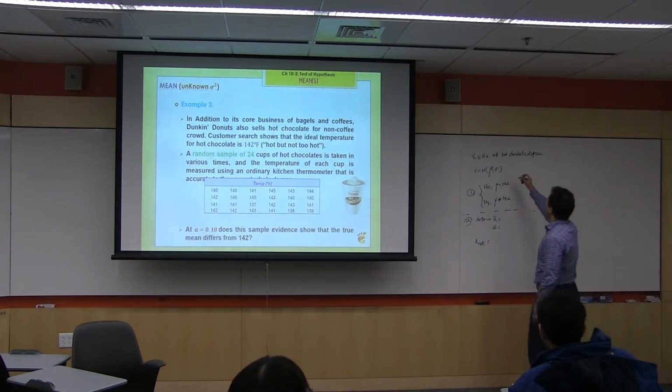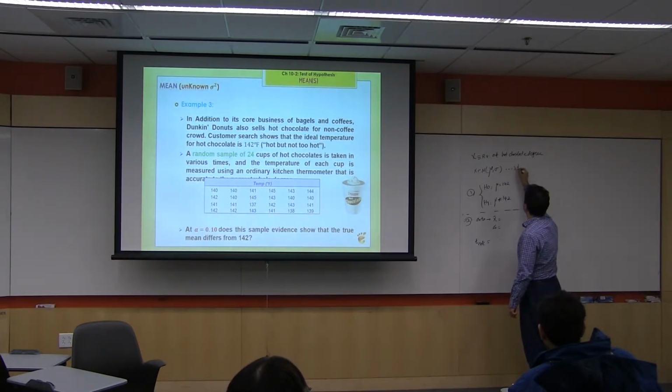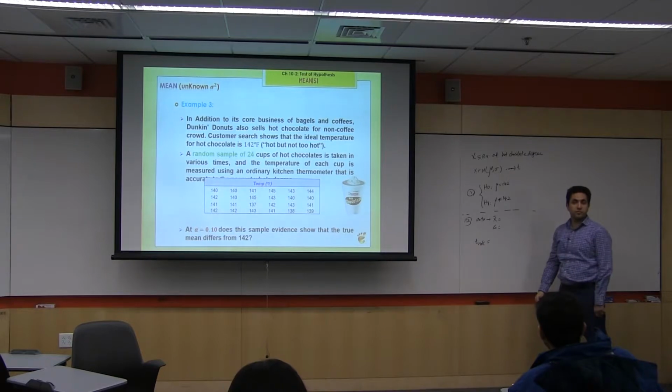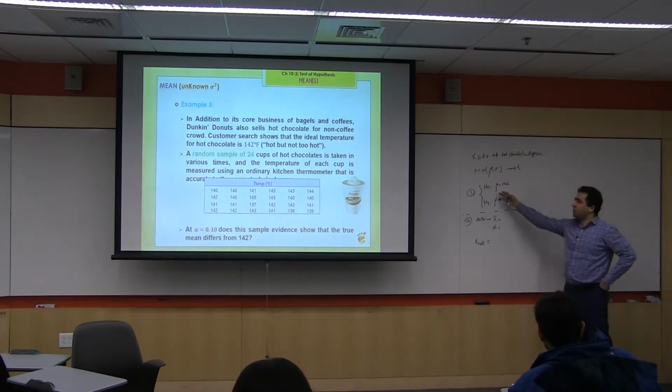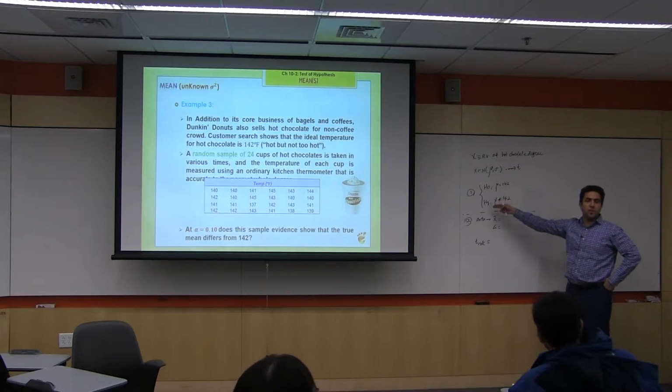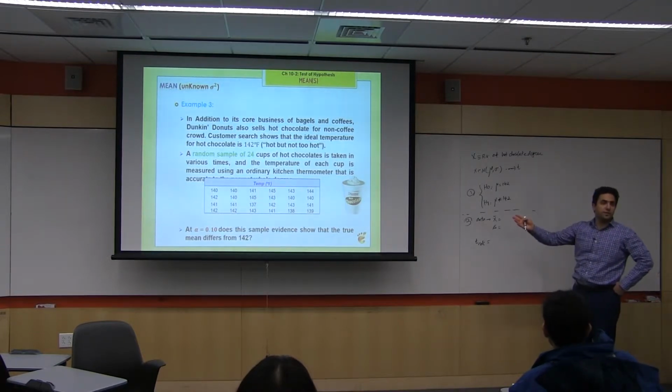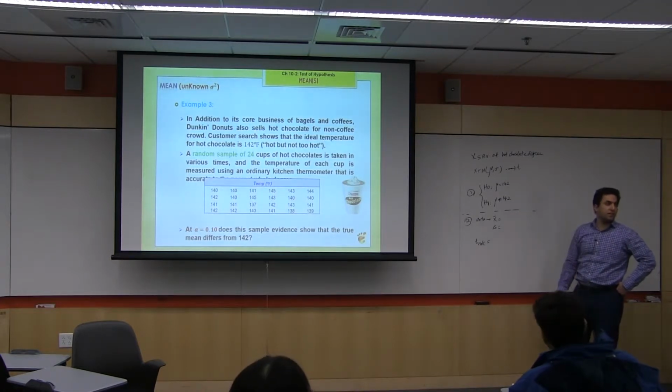Therefore, we are using t-distribution. So, if I form the hypothesis, null mu is 142, alternative mu is not 142, because it's just saying differs, meaning that it's a two-tail. It's not saying it's greater than or less than, it's just saying whether it differs or not. So it's a two-tail test.